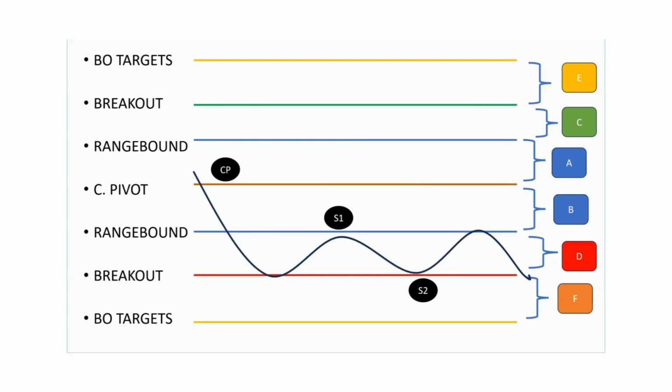Another type of movement is somewhat like the previous one, where it opens above the pivot point, then crosses the S1, and then it is moving between the S1 and the S2.